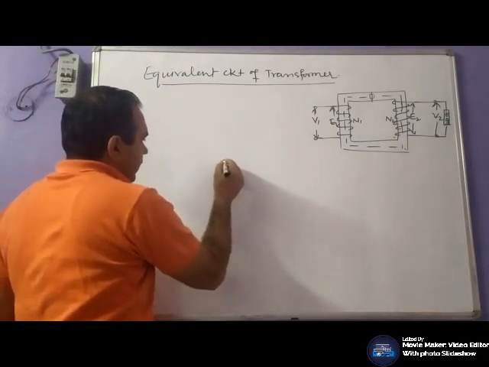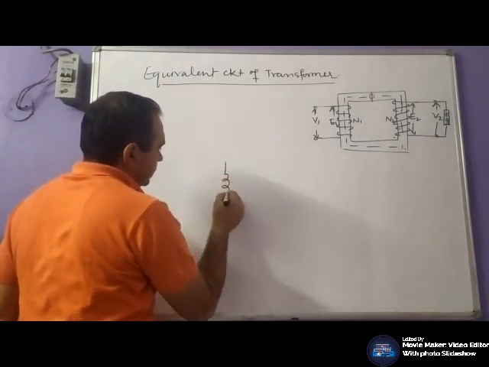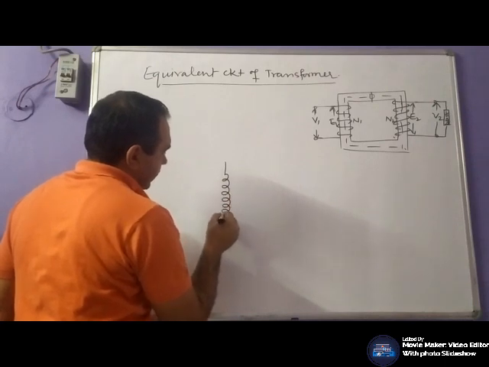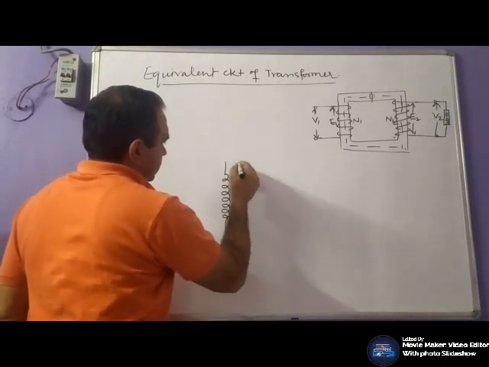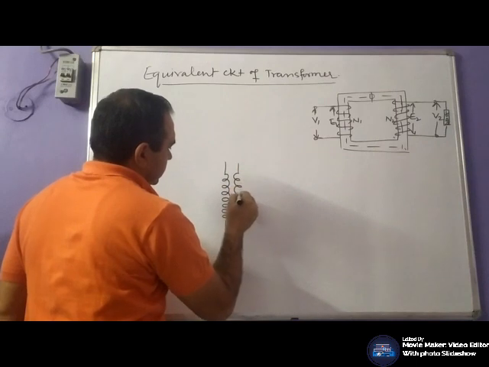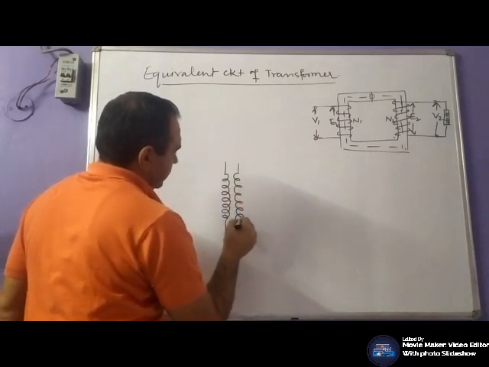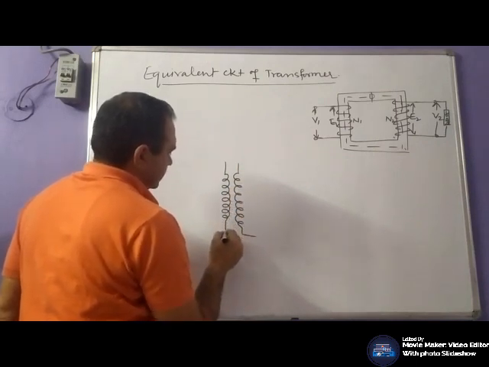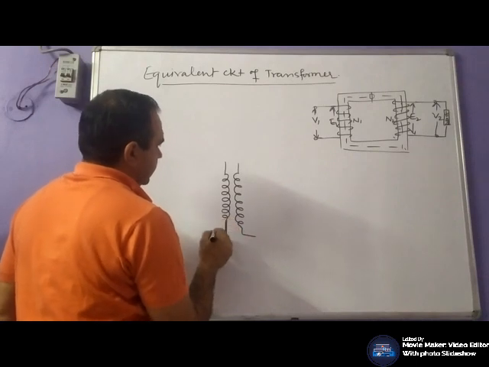Its equivalent circuit would first represent these two windings: primary winding, secondary winding. You can say you draw the transformer like an ideal transformer.